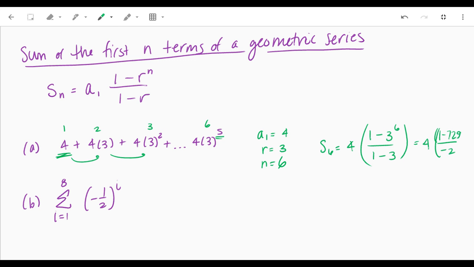And then that would be negative 2. So we'd have 4 times 1 minus 729, which will be negative 728 over negative 2. So the 2's will cancel out, and we get 1,456. Okay.